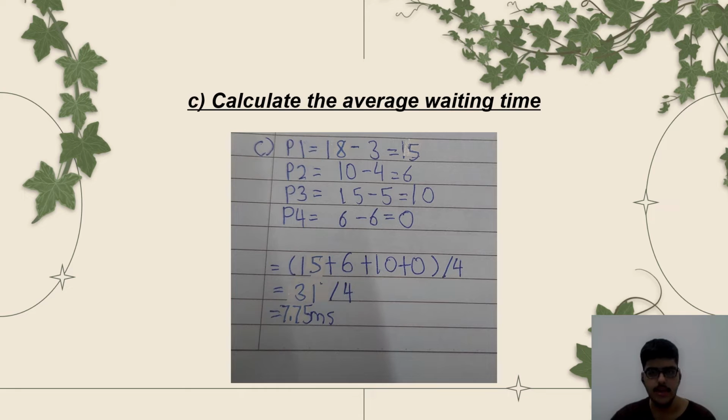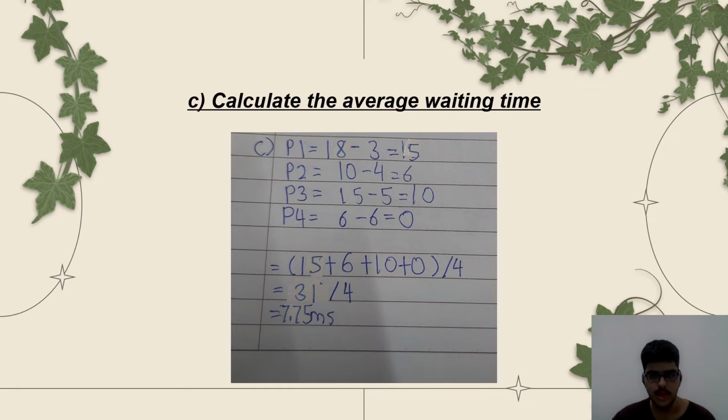The turnaround time for P1 is 18, P2 is 10, P3 is 15, P4 is 6. 18 minus 3 equal to 15, 10 minus 4 equal to 6, 15 minus 5 equal to 10, 6 minus 6 equal to 0. To calculate the average waiting time, 15 plus 6 plus 10 plus 0.